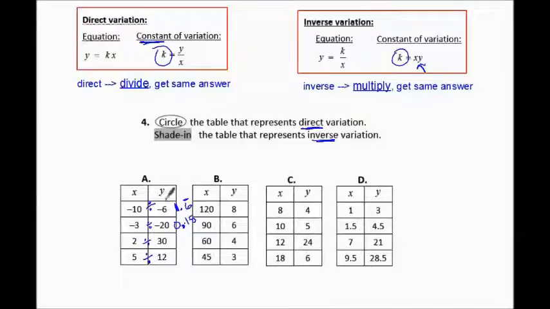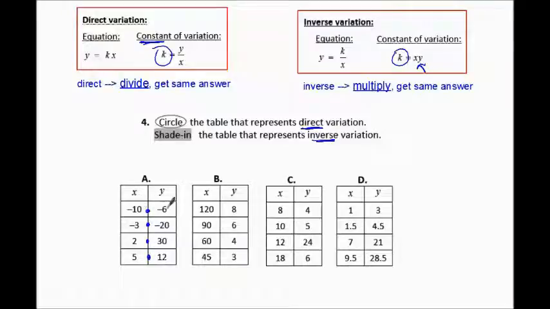So already I see I don't get the same number. So I can eliminate the possibility of direct variation because dividing all the numbers in the same way did not give me the same answer. So I'm going to try multiplying the numbers now to see if I get the same answer. So multiply all these numbers, multiply.